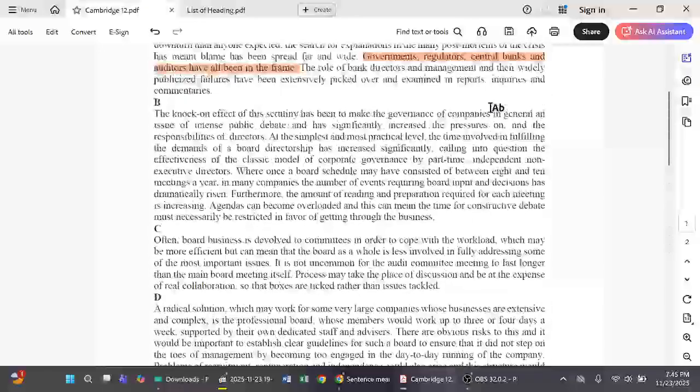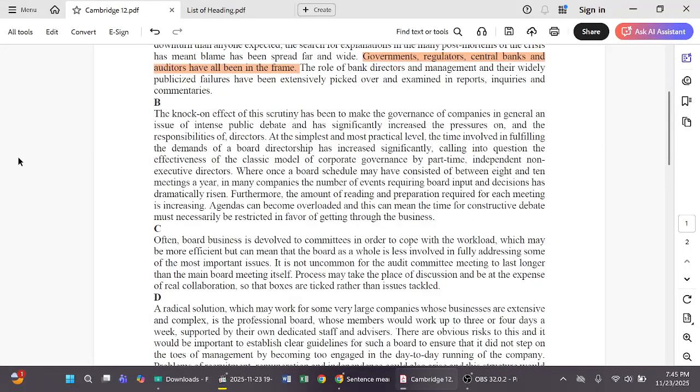Now we have to go through the next one, that is the knock-on effect of this scrutiny.